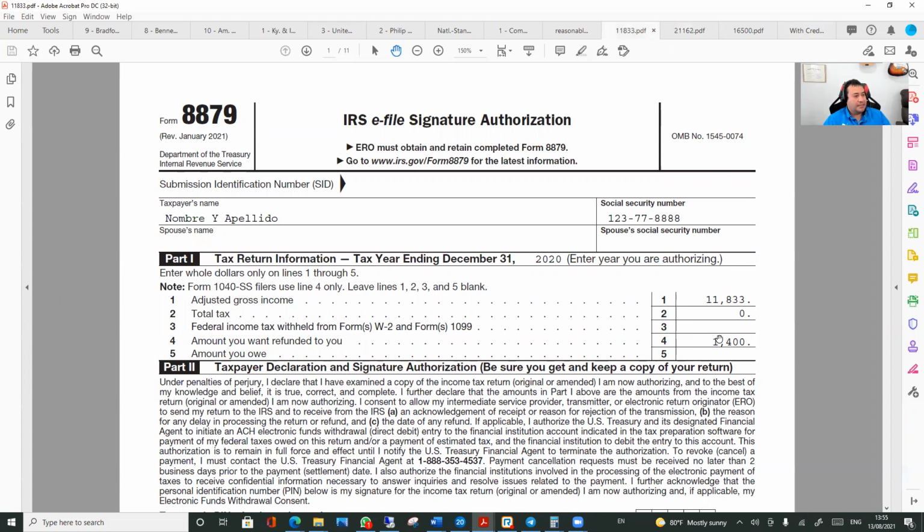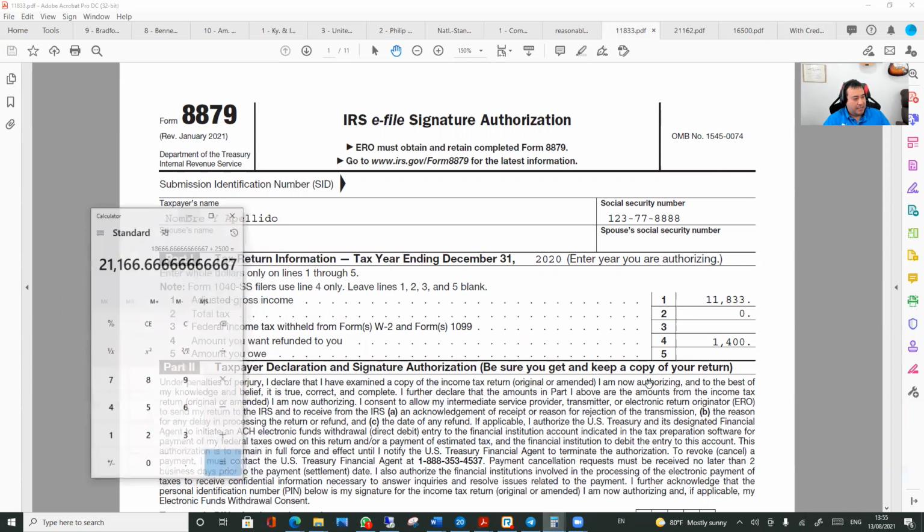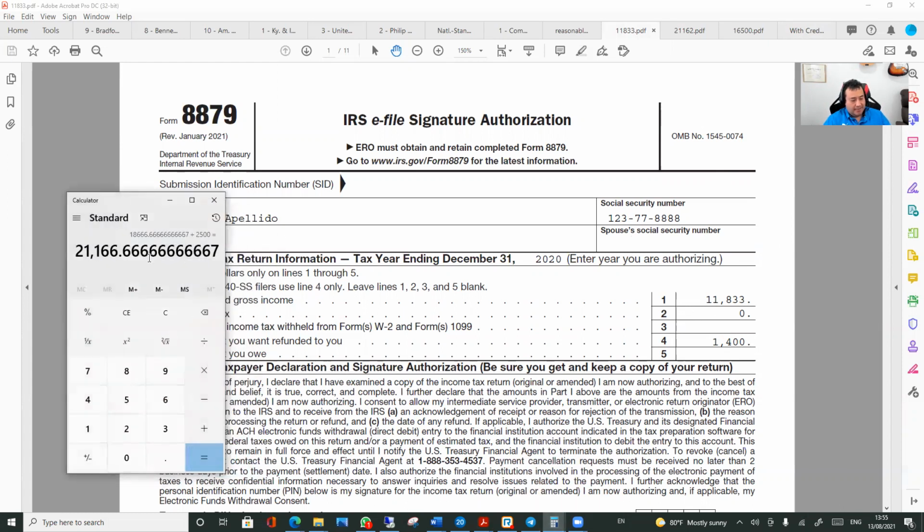Another example is, even with 2 children, if the taxpayer only had, in this case, 11,833, the credit would only be 1,400. Why? Because you take 11,833 minus 2,500, and then from that, you take 15%, and then you get 1,400.